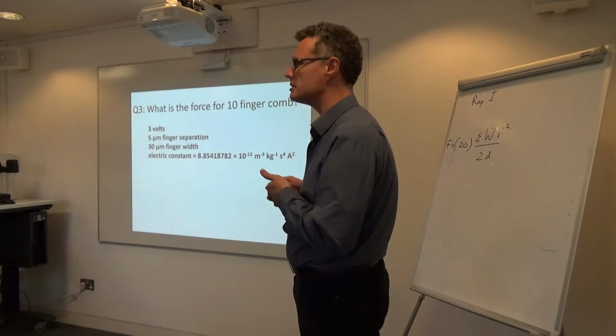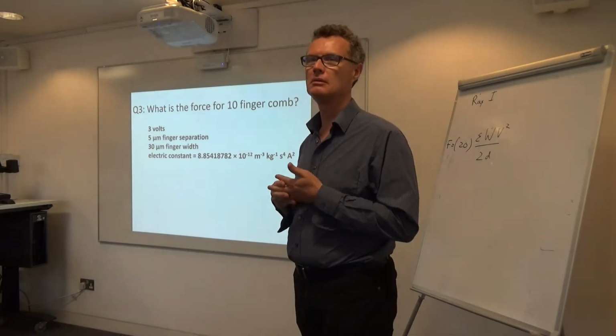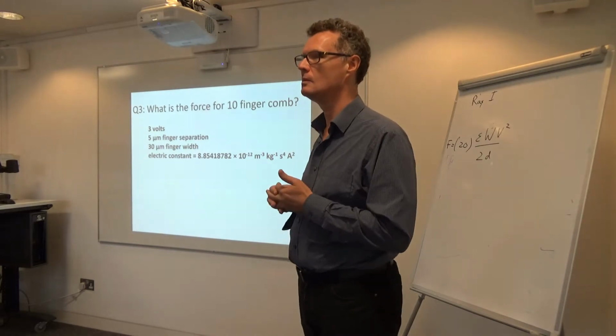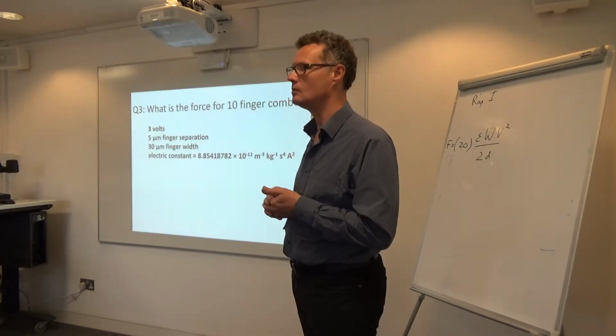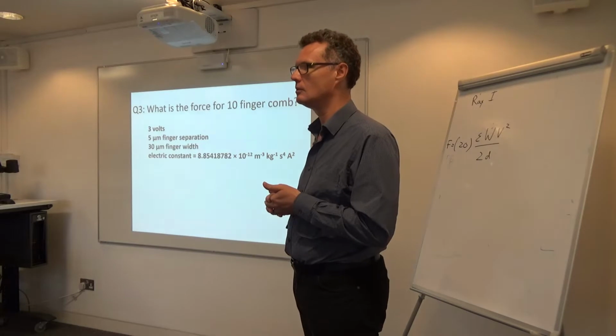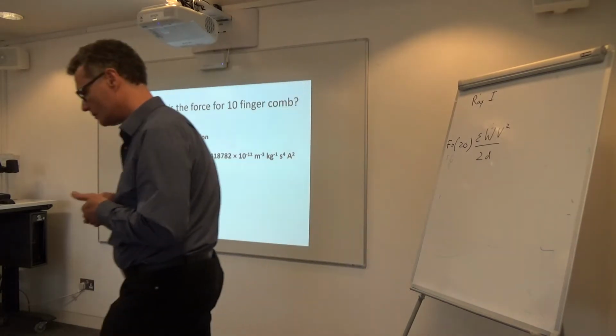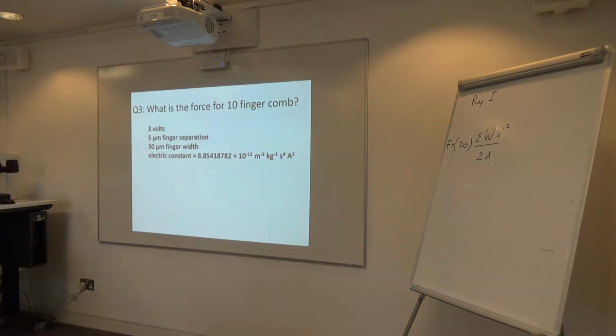Have I got any answers? David's on his calculator. Is it the formula sheet I've got wrong? Because the formula I've got has permittivity instead of, well, the electric constant. Is that permittivity of free space?